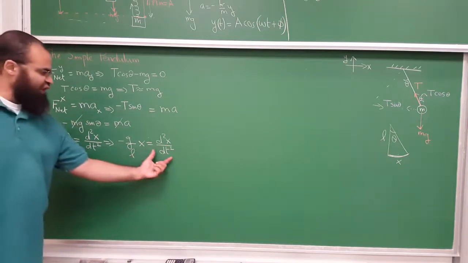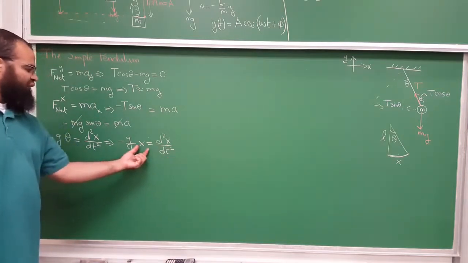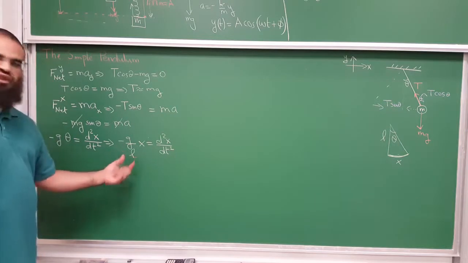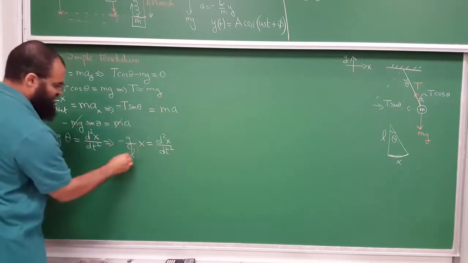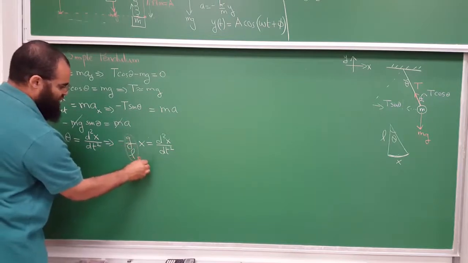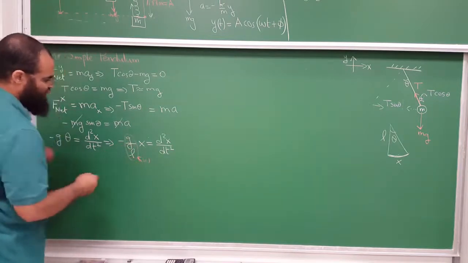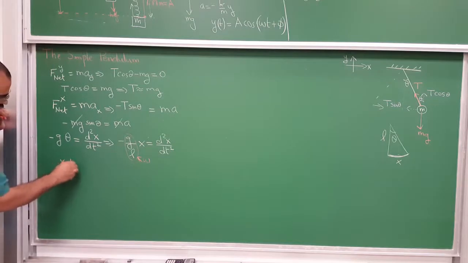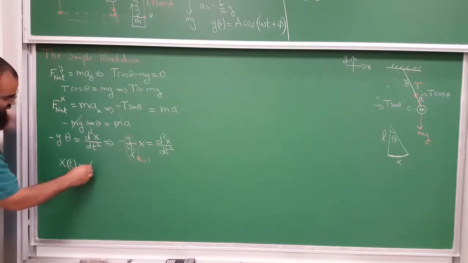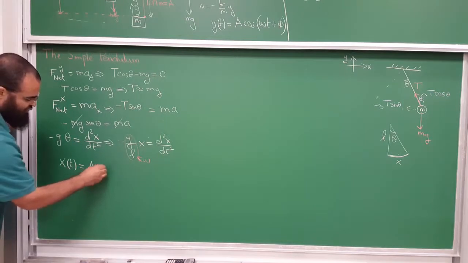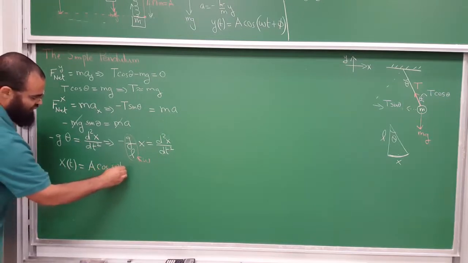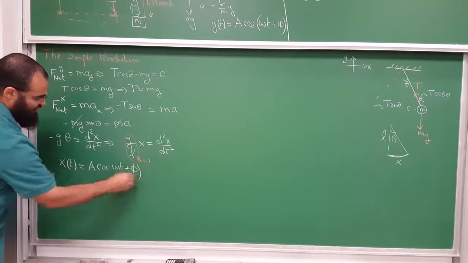And now see, the second derivative of a function gives you back the same function with a minus sign times some factor. And this factor here will be the frequency of oscillations. This will be omega. And so you get X as a function of time will be the amplitude, how far to the right you pulled it initially, times the cosine of omega t plus phi.